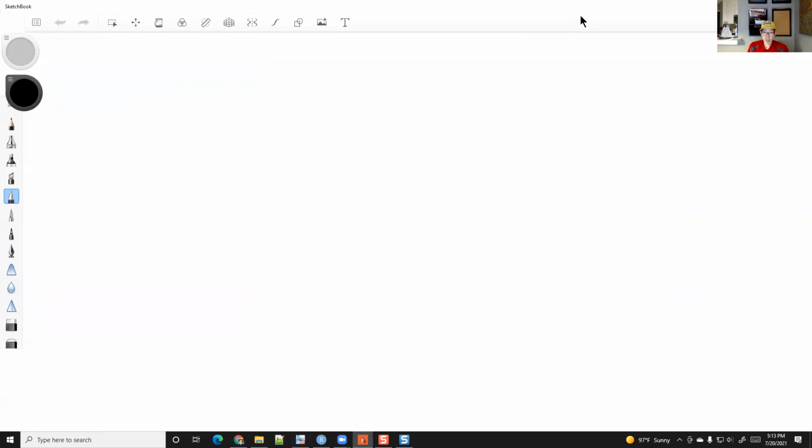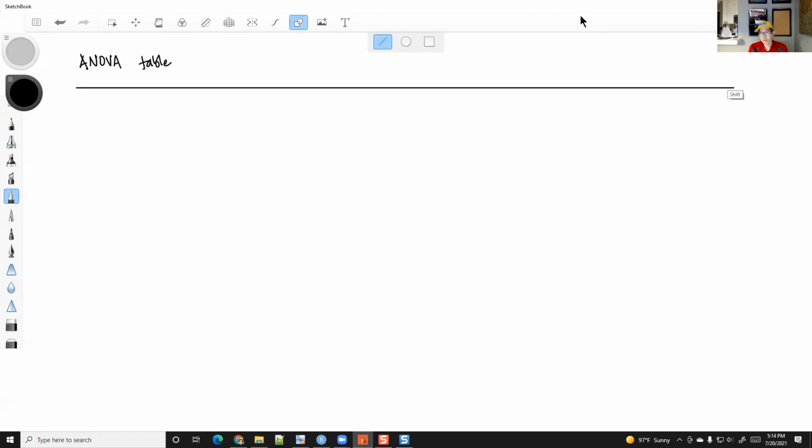And what we can do is we can then arrange all of these numbers into what we call the ANOVA table. So let me try to write this. I'm going to write across the top, I've got source of variance.